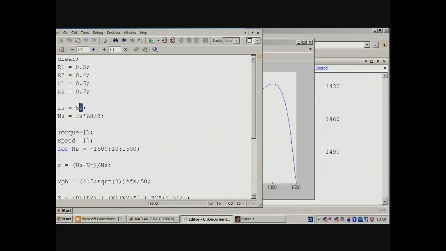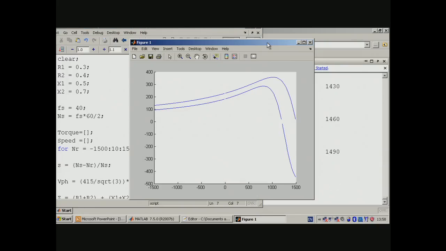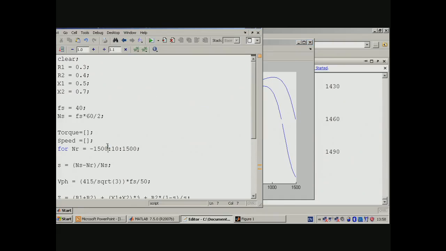And then if you do 40 Hertz, we are doing from this particular speed to this speed, so we'll probably do from 0 to synchronous speed.